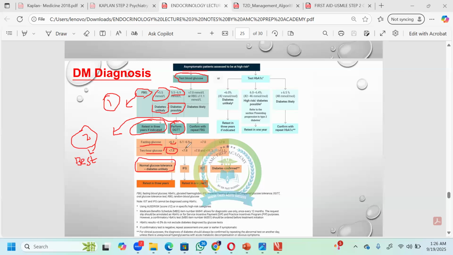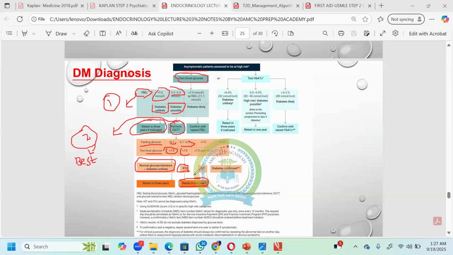But if you perform fasting blood glucose and the fasting value is 6.1 to 6.9 and the oral glucose tolerance test value is less than 7.8, it is impaired fasting glucose. And again, you have to retest in 1 year, and every year after that.